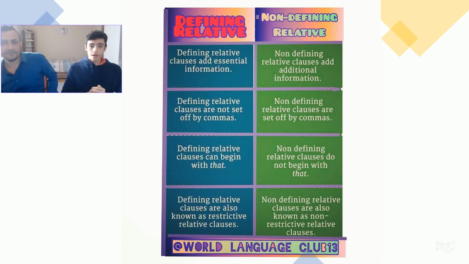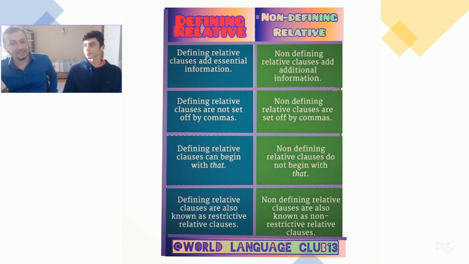Defining relative clauses add essential information, whereas non-defining relative clauses add only additional information, more information. Defining relative clauses are not set off by commas, but non-defining relative clauses are set off by commas.